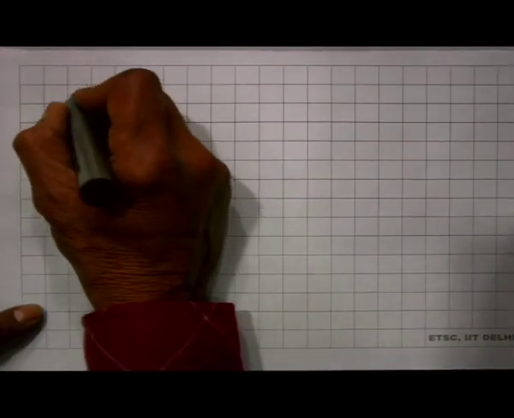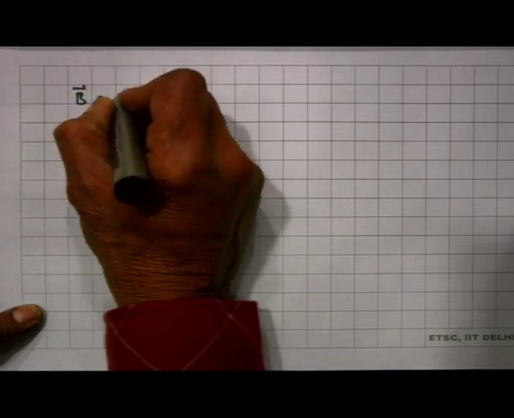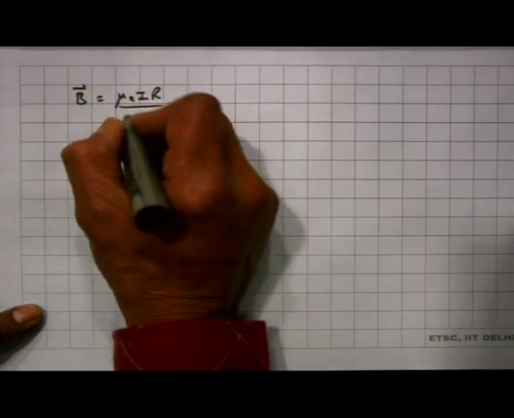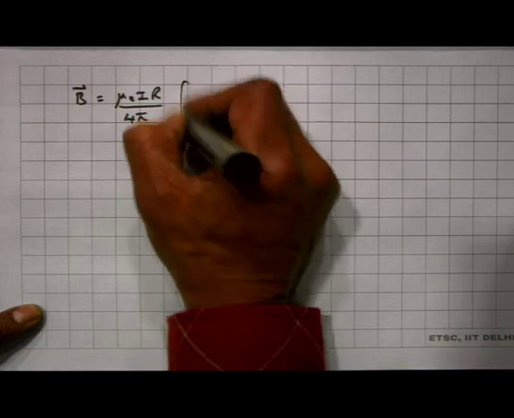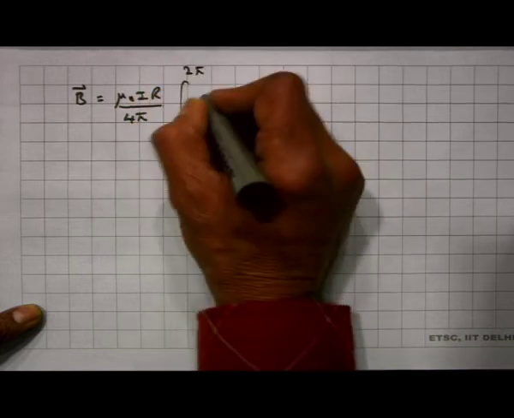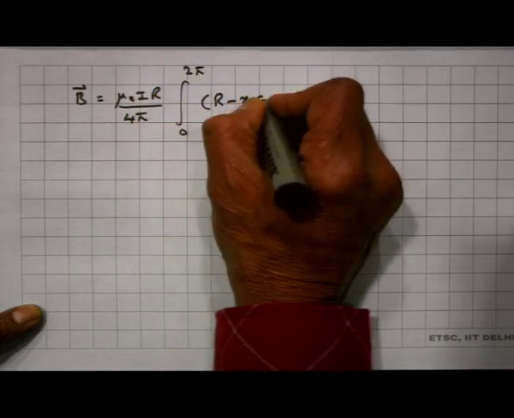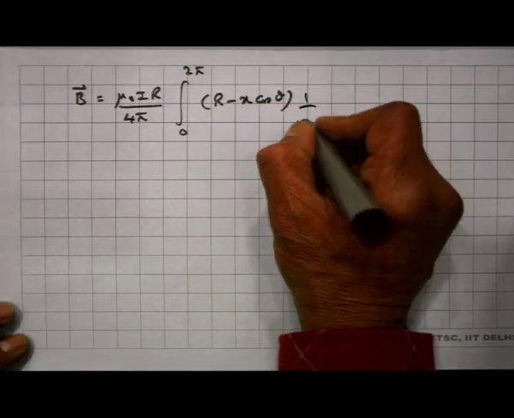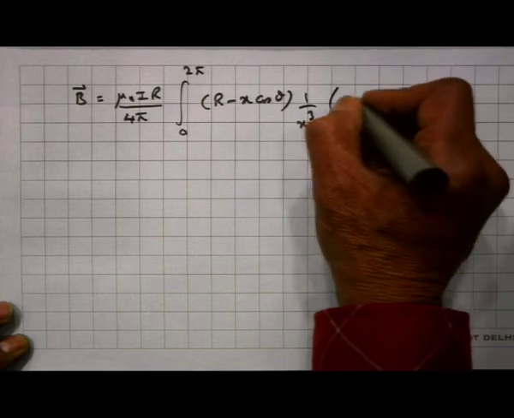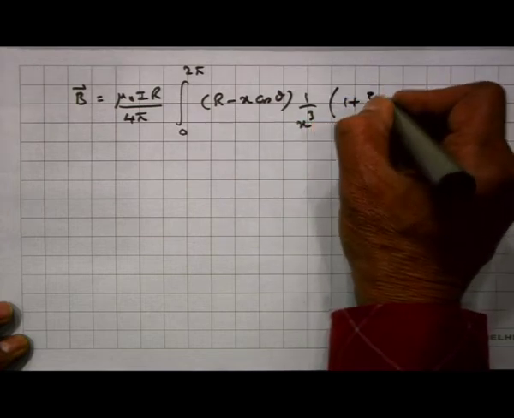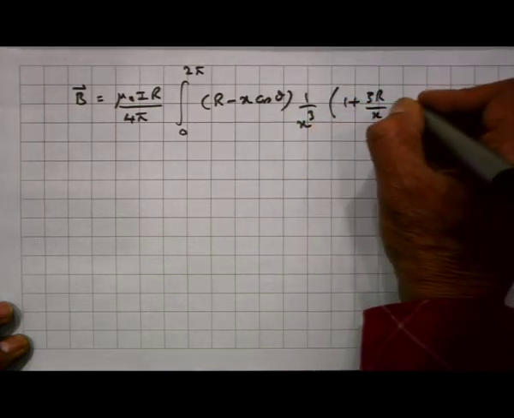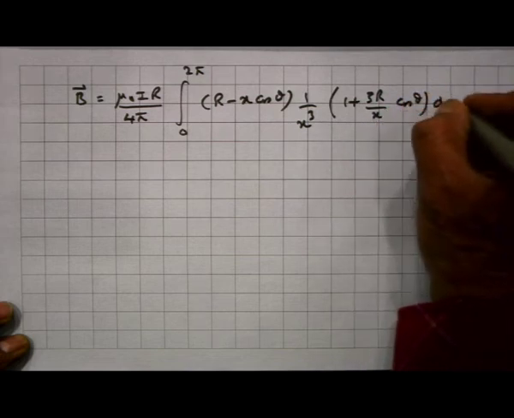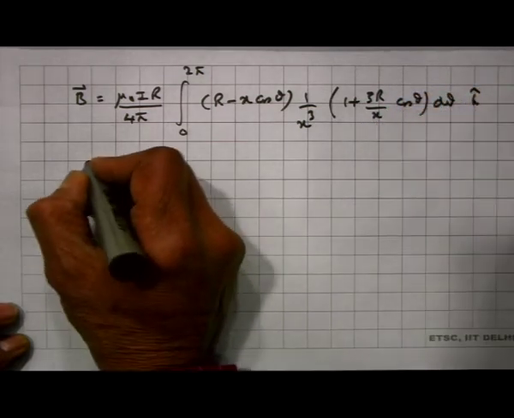So, B is equal to mu naught I r by 4 pi integral 0 to 2 pi, r minus x cos theta, 1 by x cube into 1 plus 3 r by x cos theta, d theta k cap. So, let me expand this.